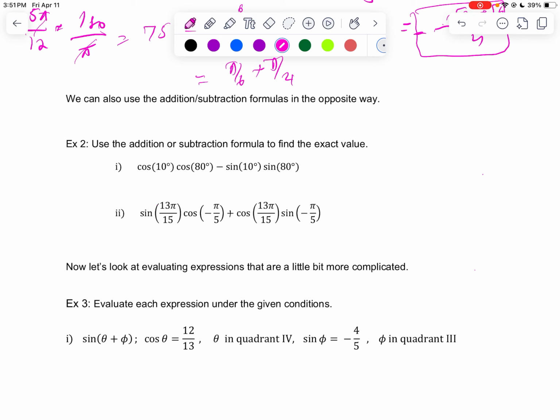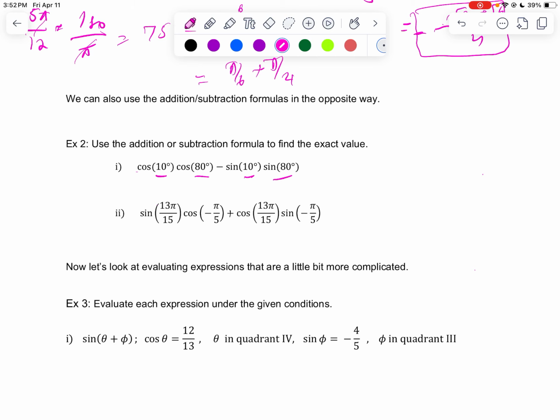Note here, the angle is 10, the angle is 80. Here also the angle is 10, the angle is 80. So thinking in terms of x and y, what you have here is cosine x cosine y minus sine x sine y.